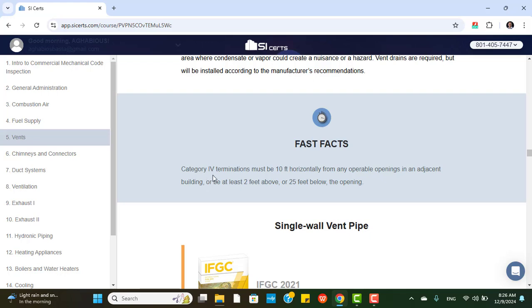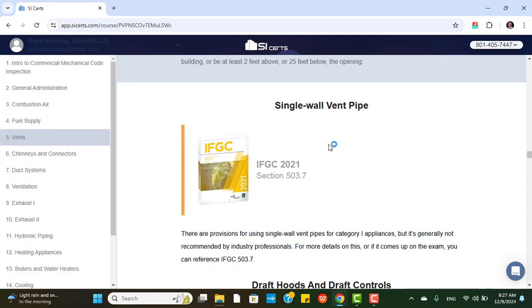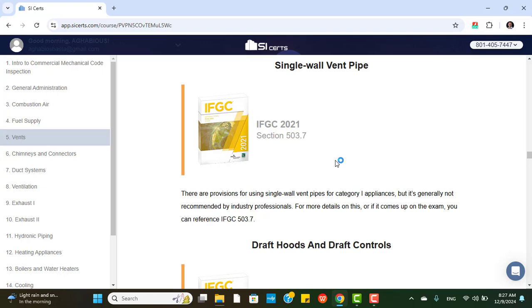Fast facts: Category 4 termination must be 10 feet horizontally from any operable opening in an adjacent building, or be at least 2 feet above or 25 feet below the opening. Single wall vent pipe: this is in International Fuel Gas Code 2021 section 503.7.